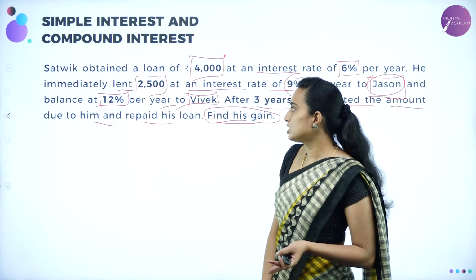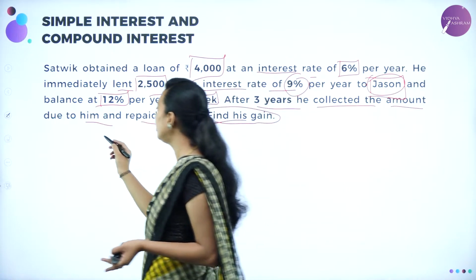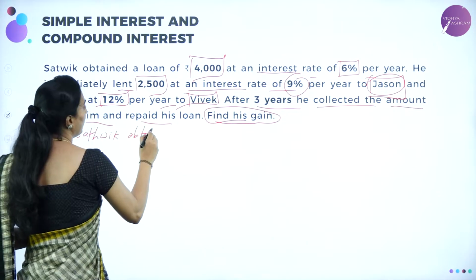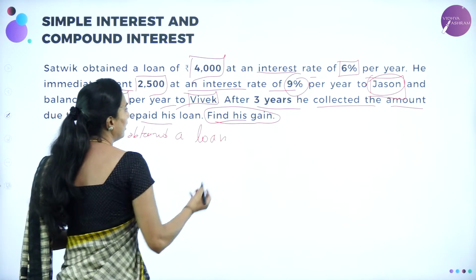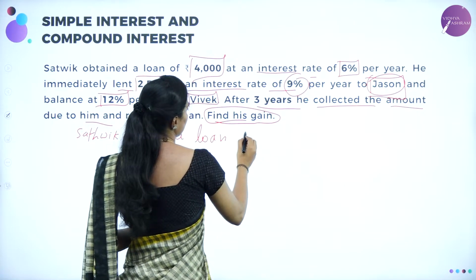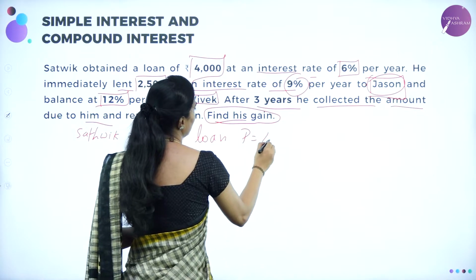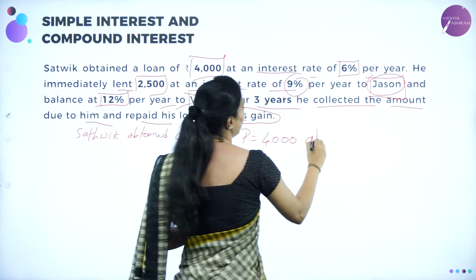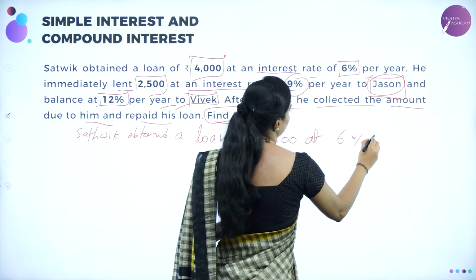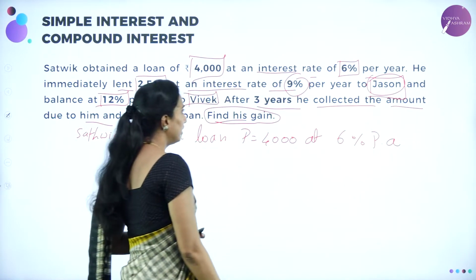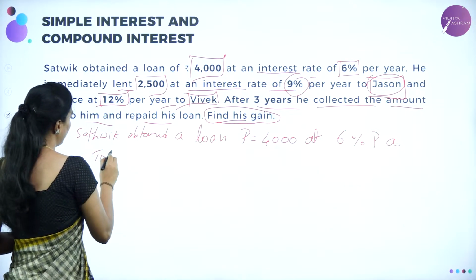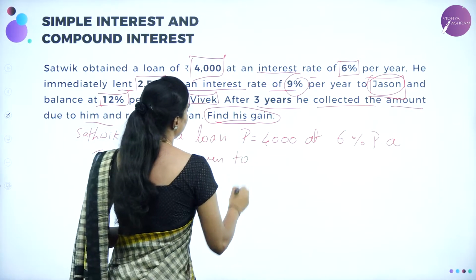So let me take the first one. Satvik obtained a loan. Rupees, you are going to have P is equal to 4,000 at 6% per annum, correct? And then he gave the amount to whom?